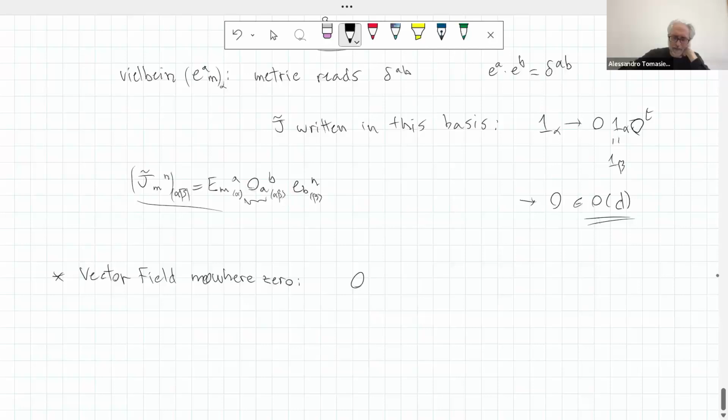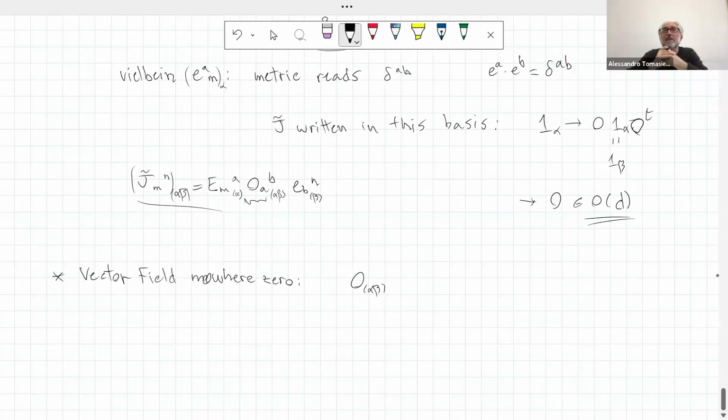Well, then it turns out that this O alpha beta reduces further. Why? Well, because again, express this vector field in the vielbein basis.